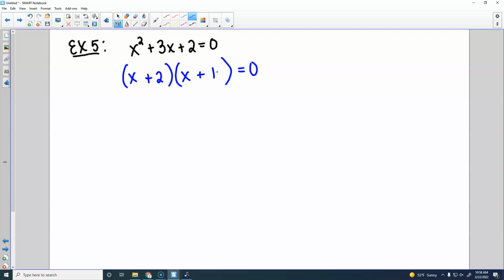We could check to make sure that's correct. I'm going to do that over to the side. I promise you it's right. I know it's right too, but I want to make sure everybody's clear here. X squared.